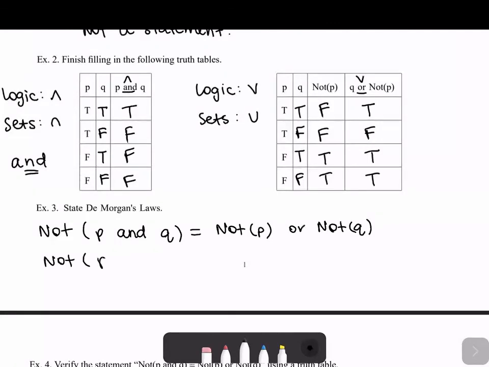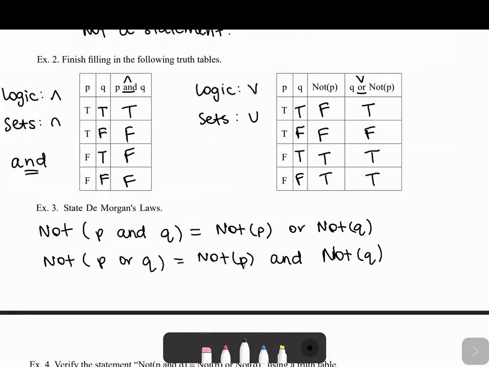When we do not (P or Q), we're going to negate the P, switch the or to and, and then negate Q. So these are De Morgan's laws. I just want to make sure that you see how this works. You just distribute the not to all three things, the variable and the connective between them, that's either and or.